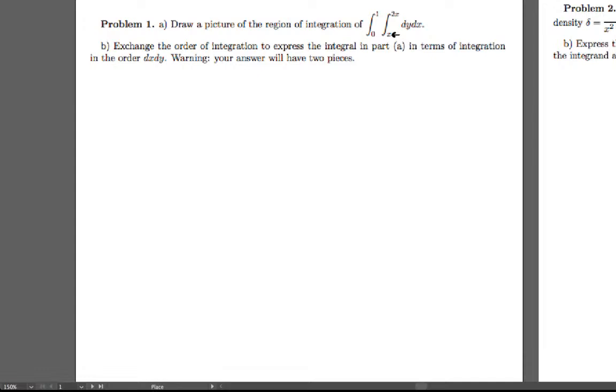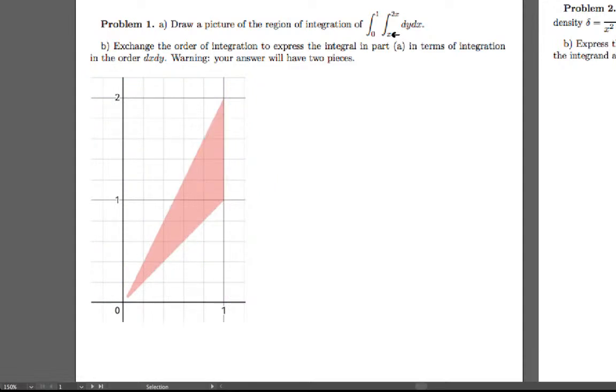There we go. So you can see right here, that's the picture of the graph that we have. Let me move this here.